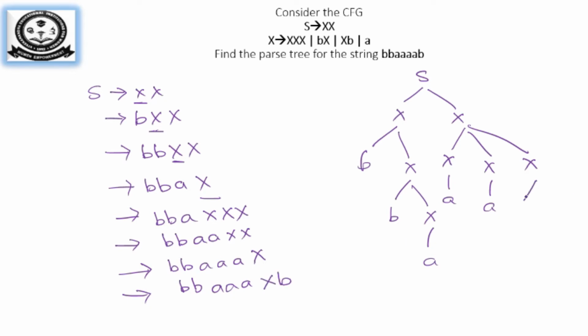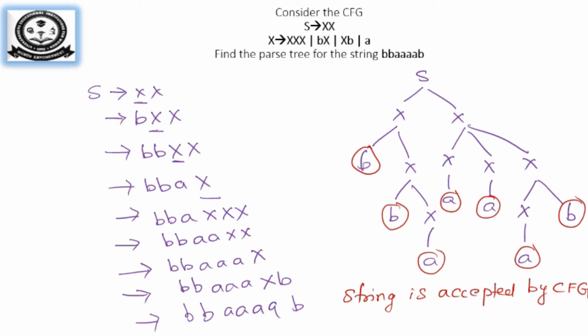So you will have an X and you will have a B. Then finally the X, you will substitute A. So you will have A B. So finally for this you will have A. So you can see double B, triple A and B. So the string is accepted by the CFG.